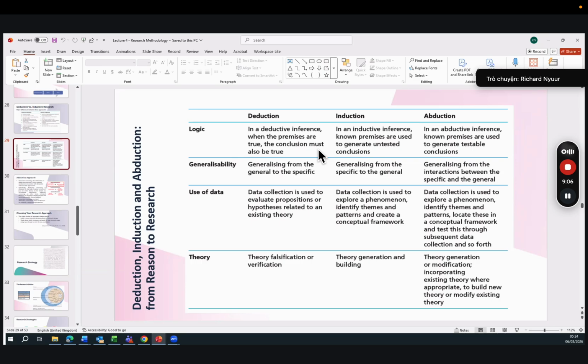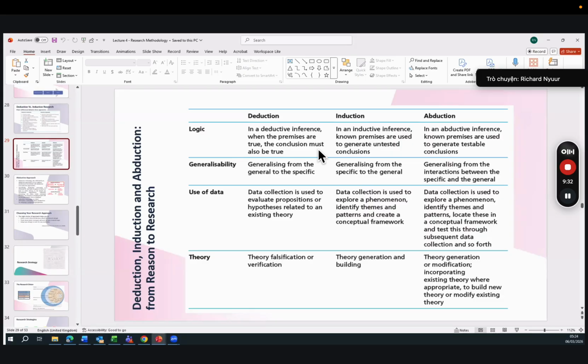But the inductive approach is more about inference, providing much more explanation to generate untested conclusions within the context. Generalizing is specific to that industry in that context, and it's difficult to generalize broadly.